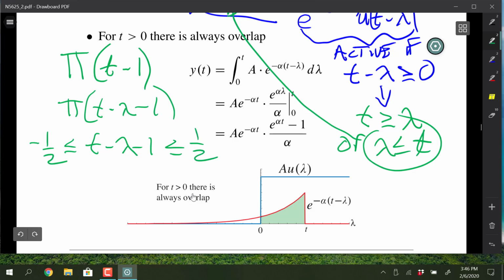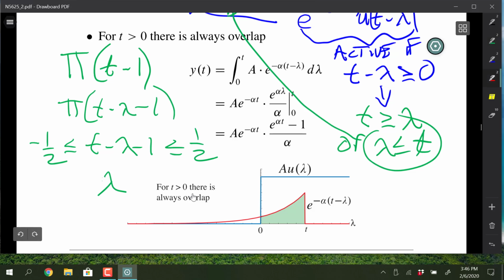That's where the rectangular pulse is active, right? And then if I want to figure out on the lambda axis where it's active, I have to go down below here and say, okay, I have to move lambda to the opposite side.